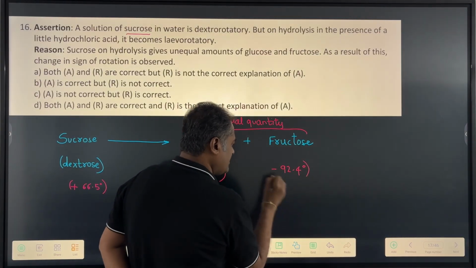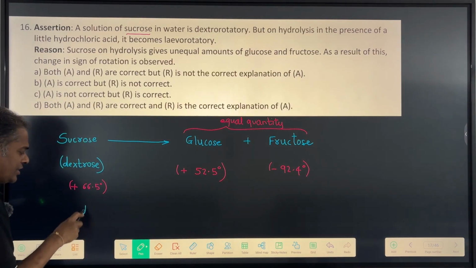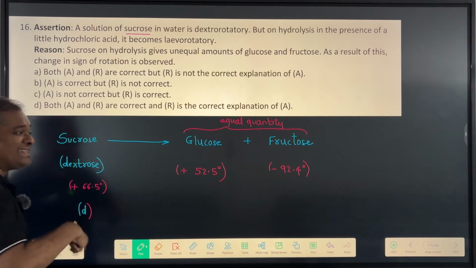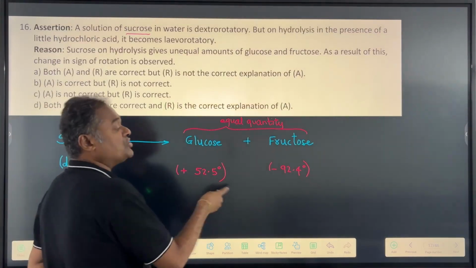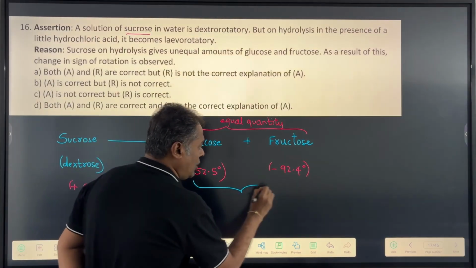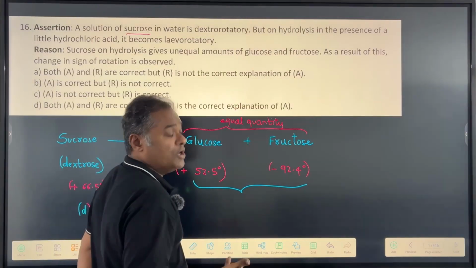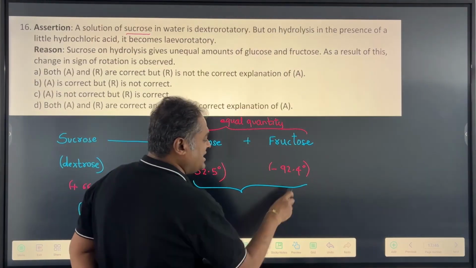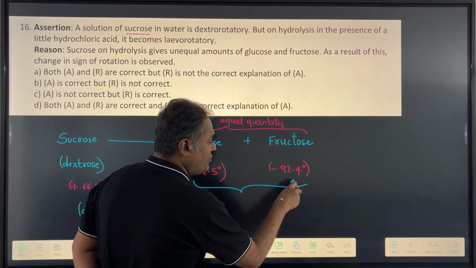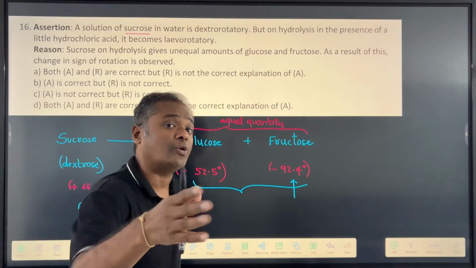Now when you check, in the beginning sucrose is dextrorotatory, correct? But when it gets hydrolyzed, it is a mixture, and whenever you have a mixture, it's the resultant that is the output. Now out of these two values, which one is bigger or larger? The larger value is 92.4, because plus and minus only indicate the direction of optical rotation.